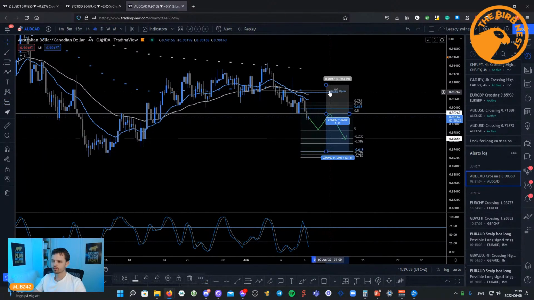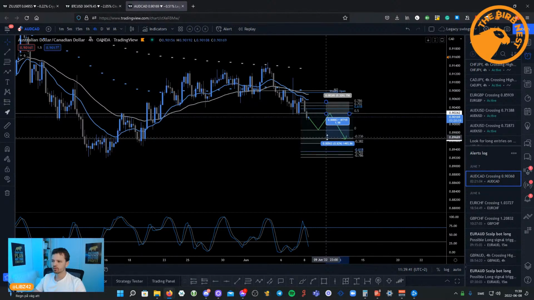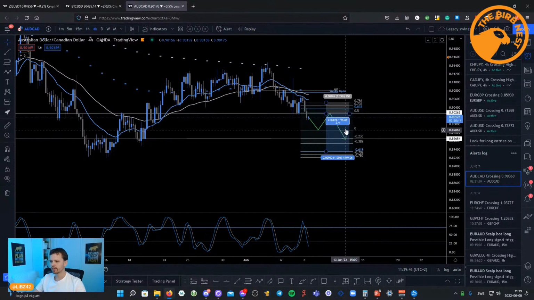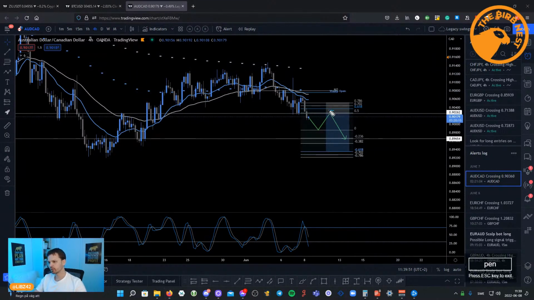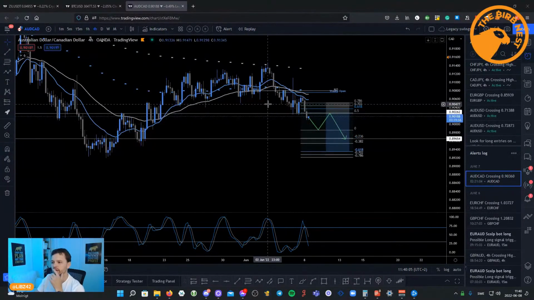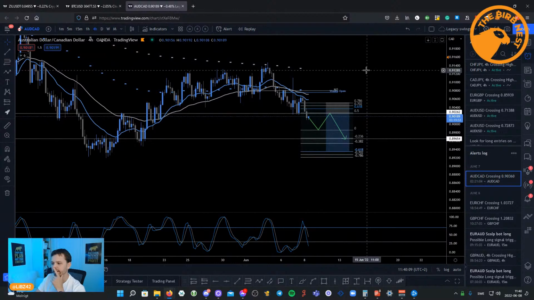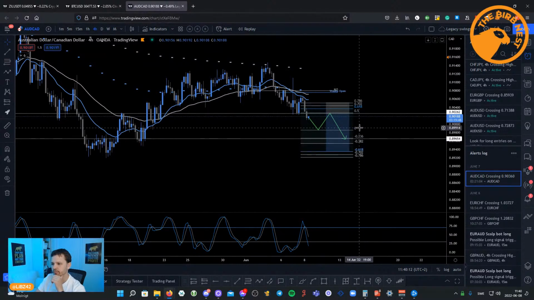And it lines up nicely here with the SR levels as well. So let's see if this makes sense. Yeah, so this would probably be the trade, right? Where I enter on confirmation here. So TP1, TP2, and TP3 would probably be a 20, 50, and 25 because of the fact that this is an obvious support area. So I'd like to take more profits on that one. But this will be the trade on AUD CAD if we get that.